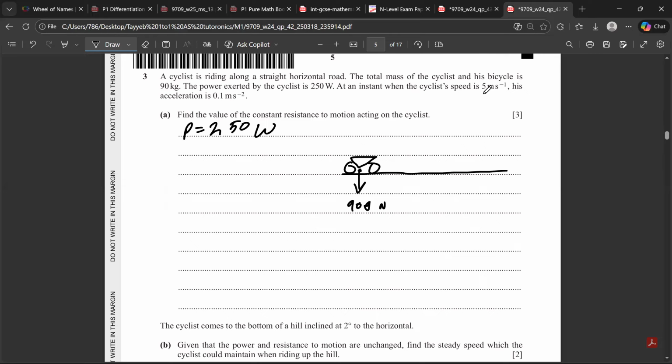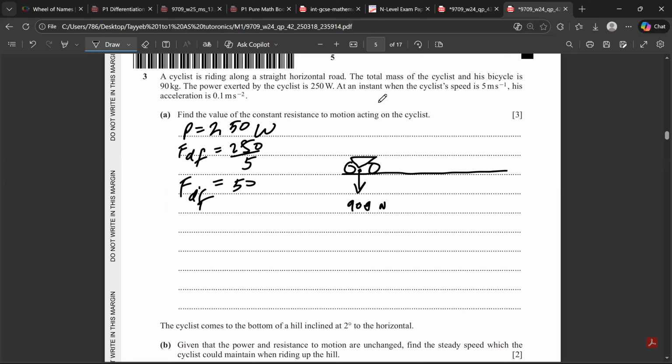So when the speed is 5, let's find the driving force. F, driving force, is power divided by the speed 5. Okay, 50. Driving force is 50, right?